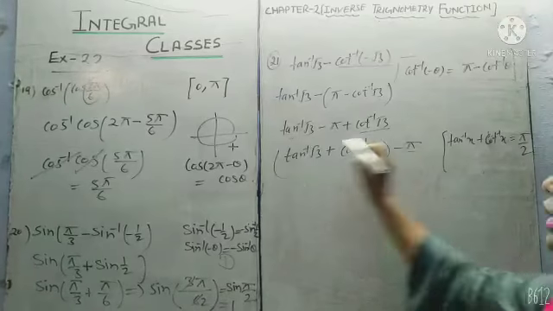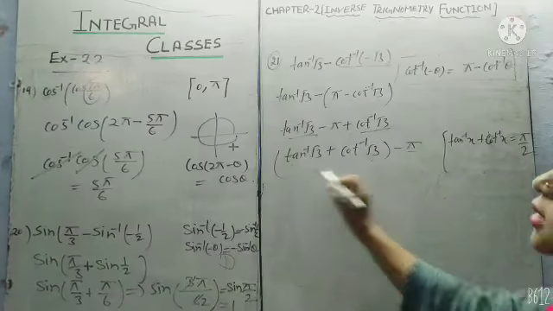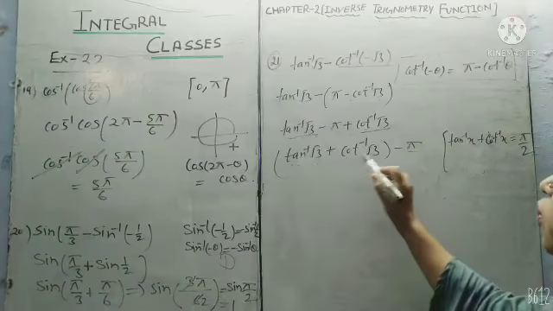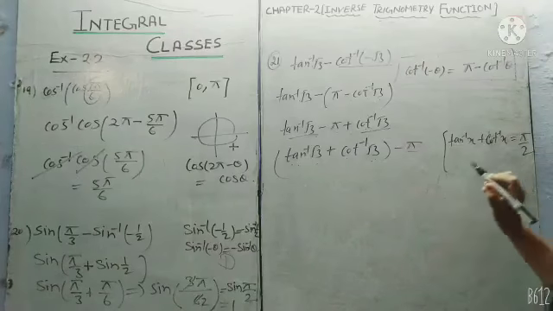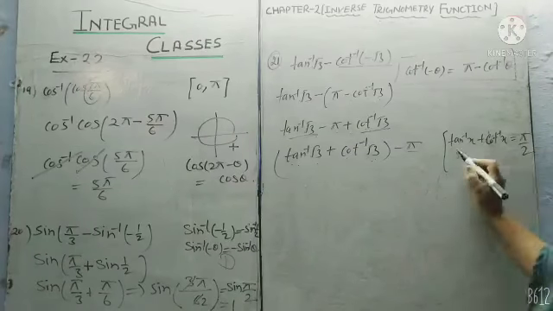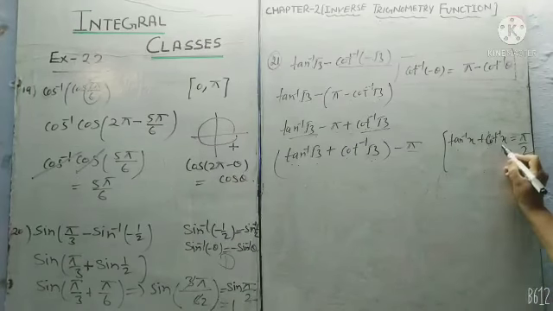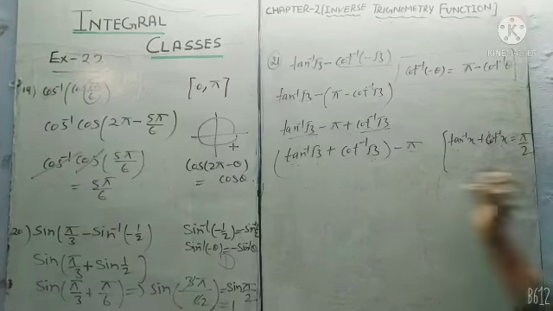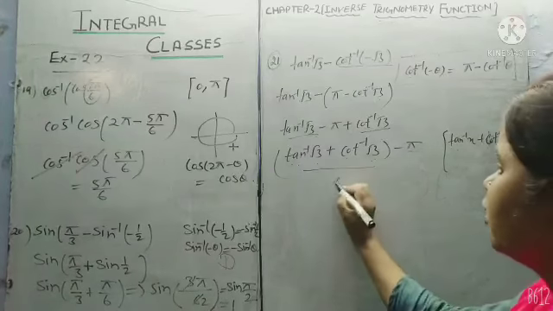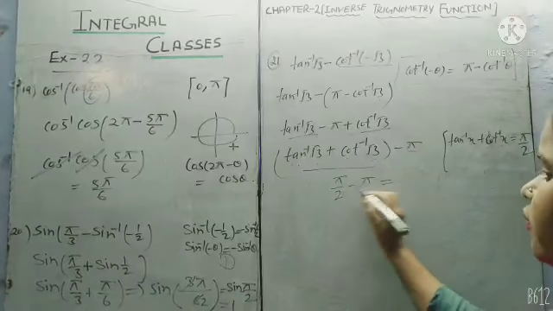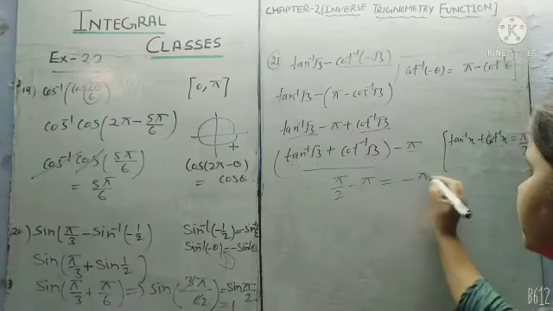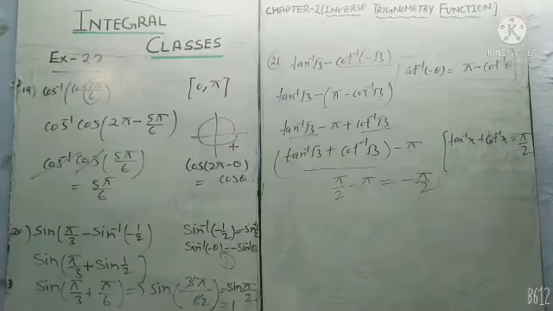Now we combine these two terms: tan inverse root 3 plus cot inverse root 3 minus pi. Now again we use the second property, tan inverse x plus cot inverse x equals pi by 2. So we replace by pi by 2 minus pi. Then we subtract and get the answer, minus pi by 2.